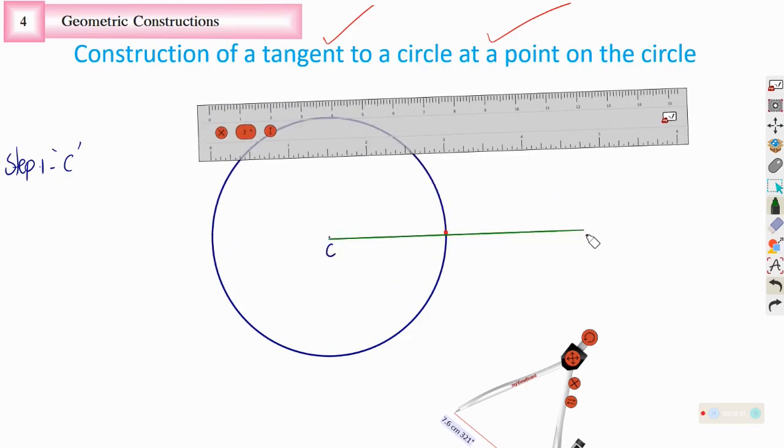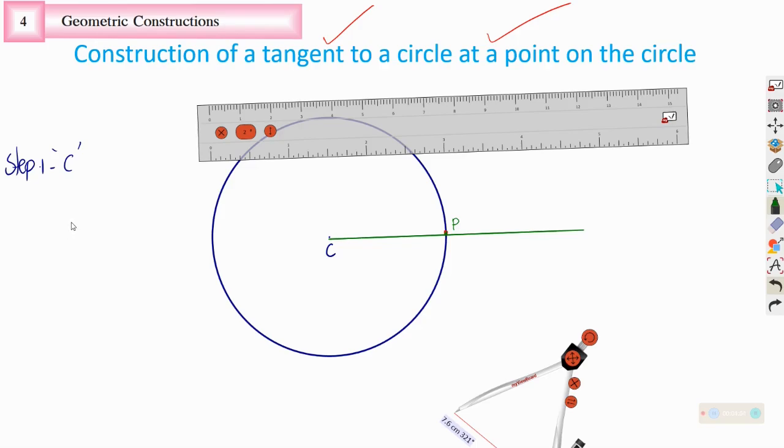Passing through that point, I have drawn a line segment and I am marking it as P here. Through this point, I have to draw a tangent. So what I will do is I will simply draw a line perpendicular through that point, because we have studied a property.